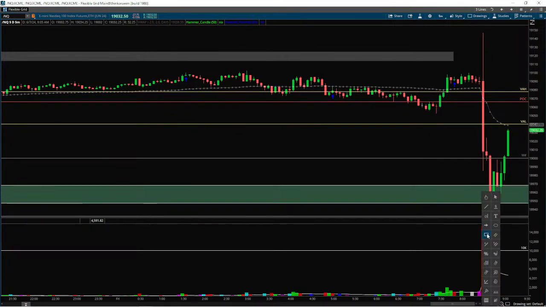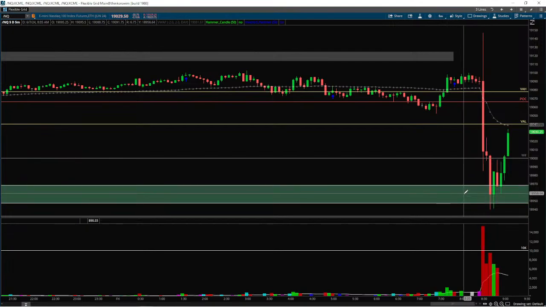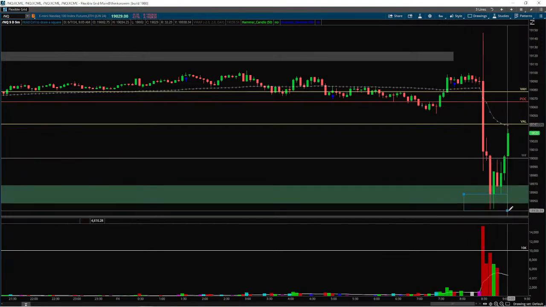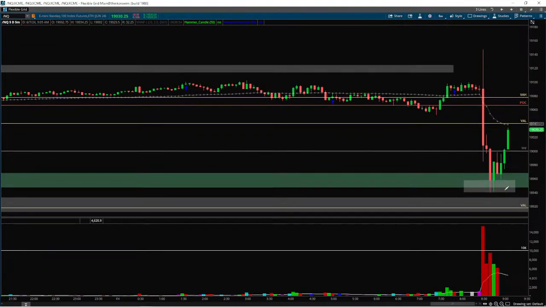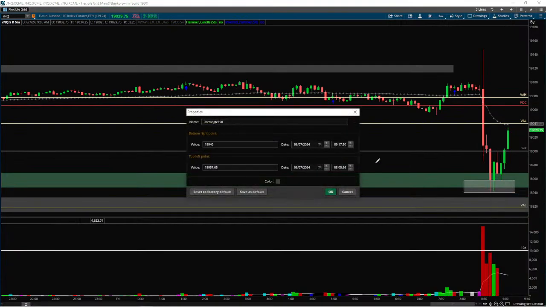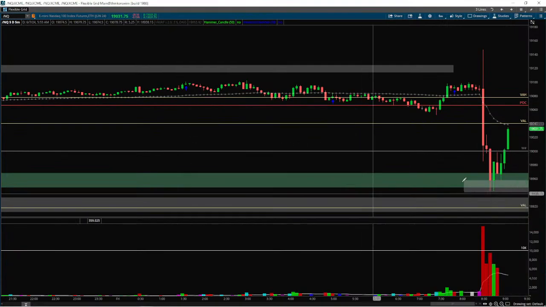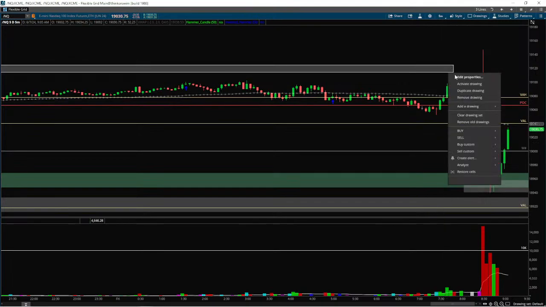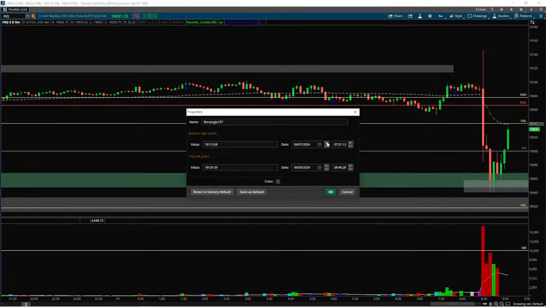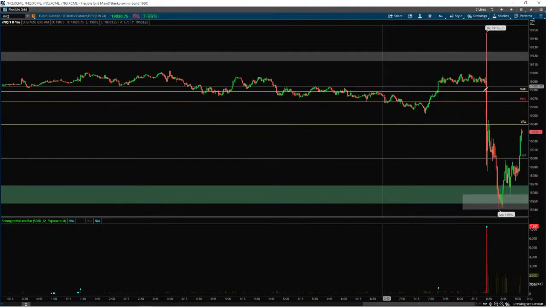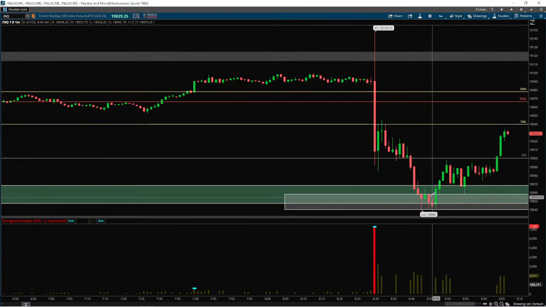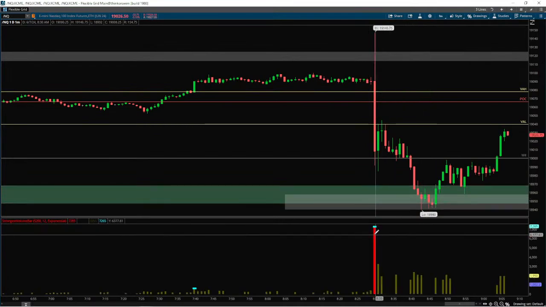So I'm going to mark this area like this. All right, it's a prior ADR. This one here, we wicked through it on all the charts. Let's go into the 1 minute, try to get a clear idea of what's happening.